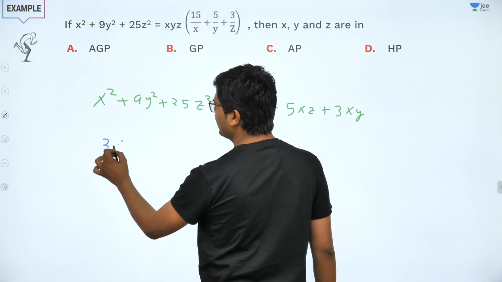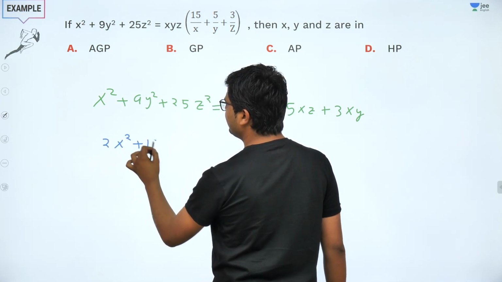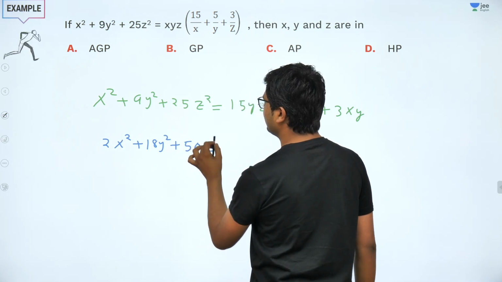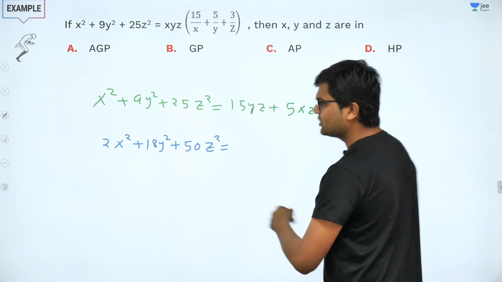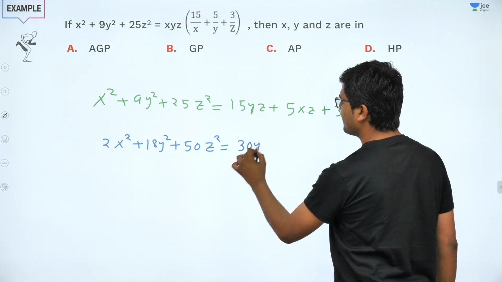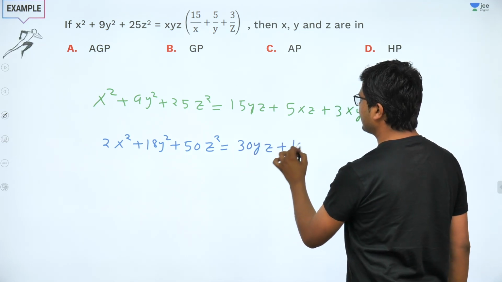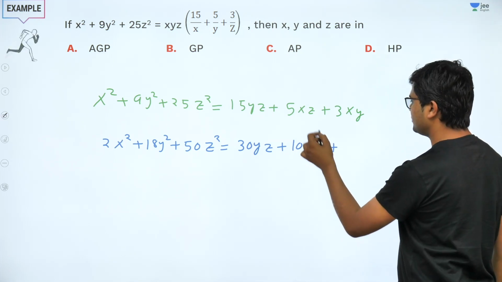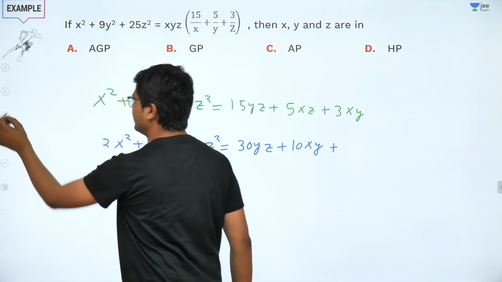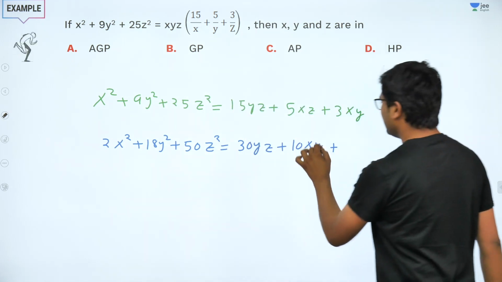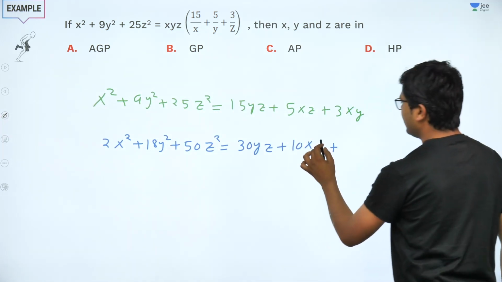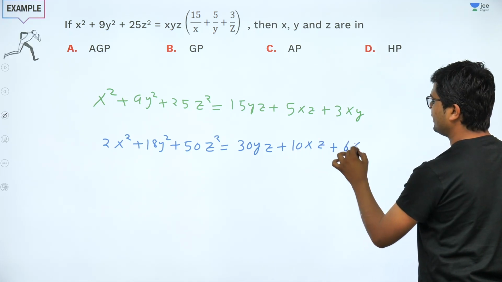So it will be 2x square plus 18y square plus 50z square is equal to 30yz plus 10xy. I think everybody is getting the point now. Plus 10xz, and it will be 6 times xy.